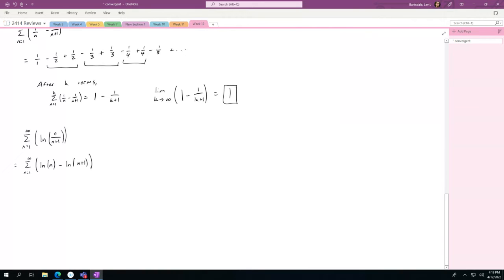Technically I need to start from n equals 1, yeah, this will work. So if I start writing out my terms, I have the natural log of 1 minus the natural log of 2, plus the natural log of 2 minus the natural log of 3, plus the natural log of 3 minus the natural log of 4, and so on, right?